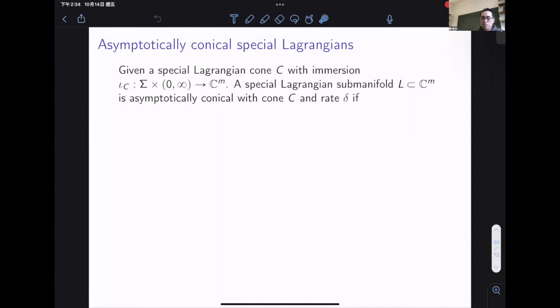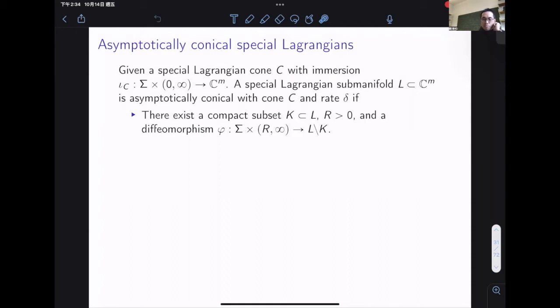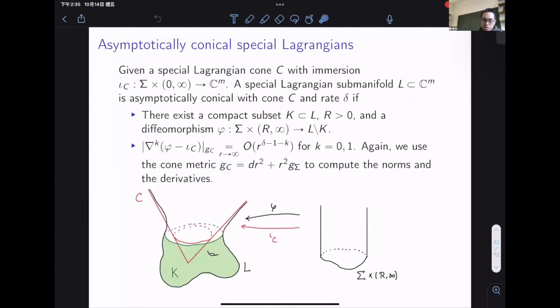Again, we are given a special Lagrangian cone C with immersion alpha C. We say L is a special Lagrangian submanifold asymptotic to this cone C with rate delta if there exists a compact subset K on L and a number R, and a diffeomorphism phi from this cylinder to L minus K, such that if we compare this diffeomorphism with the immersion of the cone, you get this decay condition.